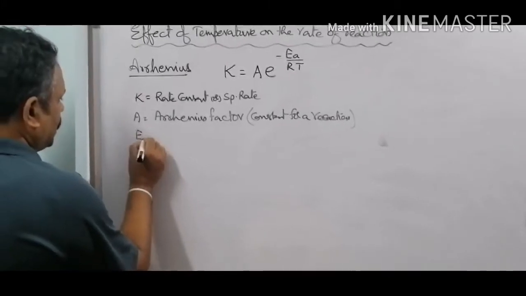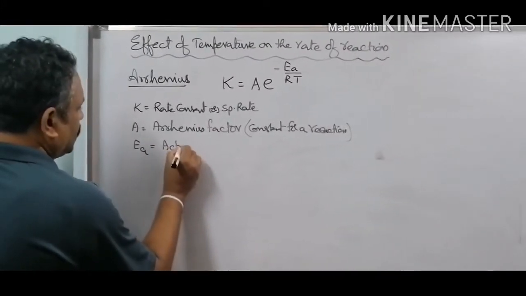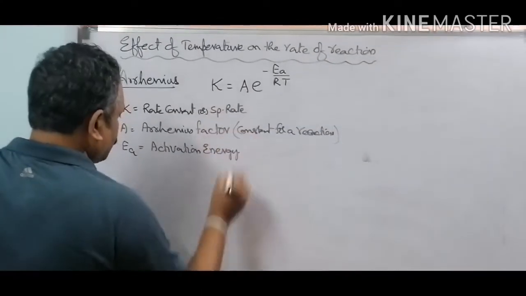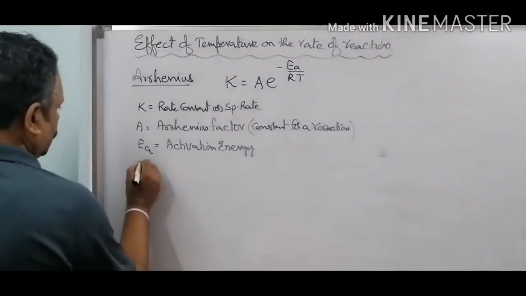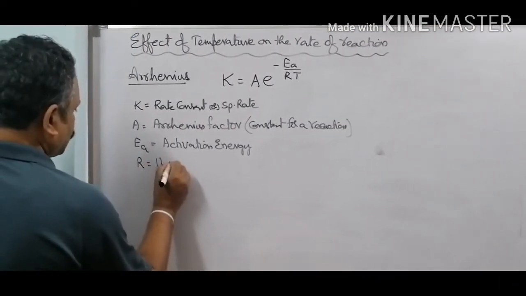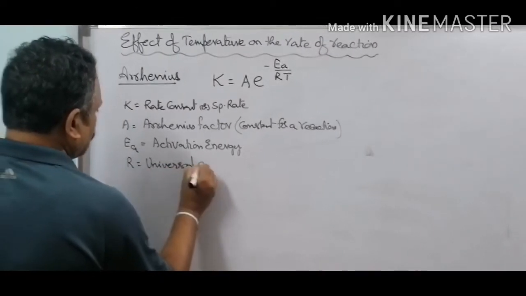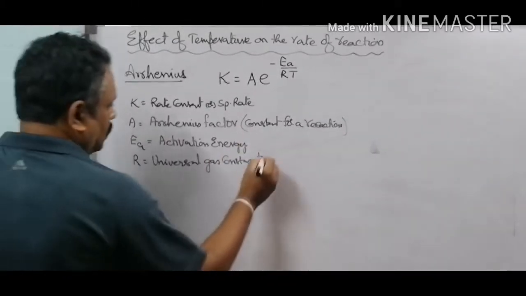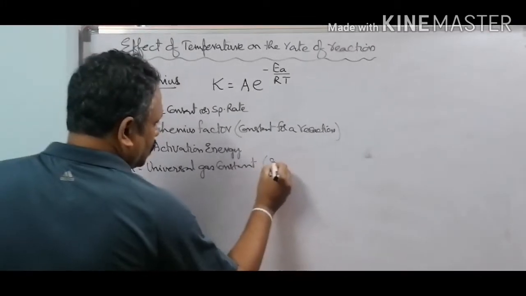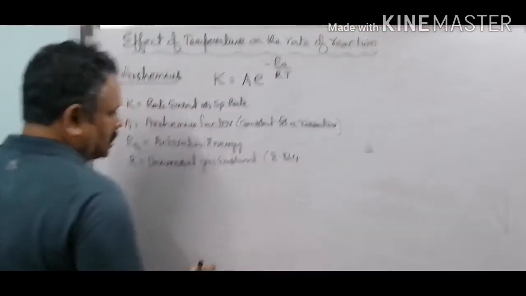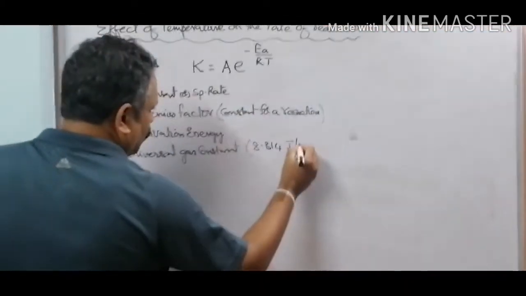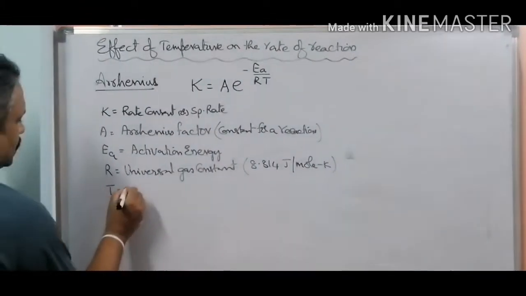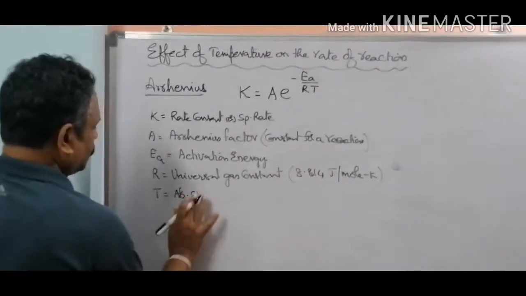And Ea refers to activation energy. I will be taking an example and trying to explain what activation energy is. And R is our universal gas constant. We will be taking the value in joules. In most of our numericals related to this, it is 8.314 joule per mole Kelvin. And T is absolute temperature.